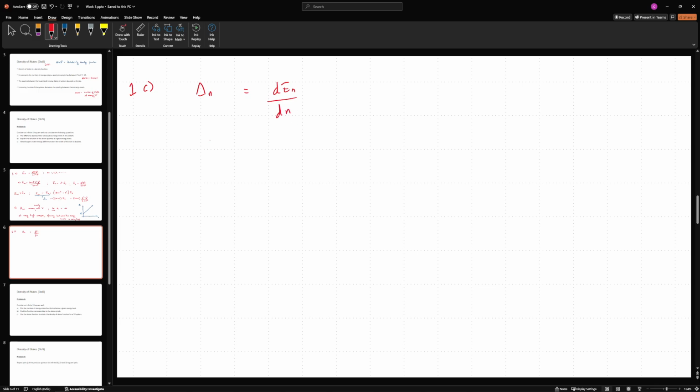I hope you can see that, because En is n squared E naught and delta n is 2n plus 1 E naught, plus E naught. So when I do d by dn of this, n squared will become 2n. I'm just adding an E naught to that. So that gives me the spacing between two energy levels.